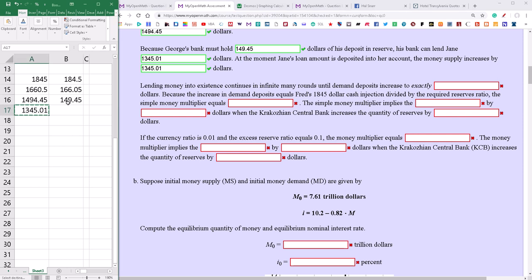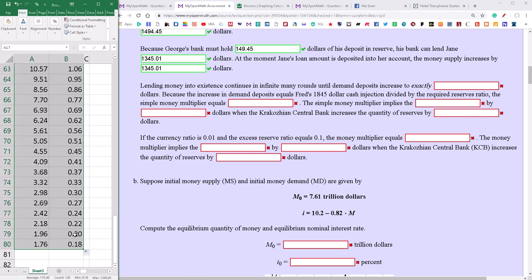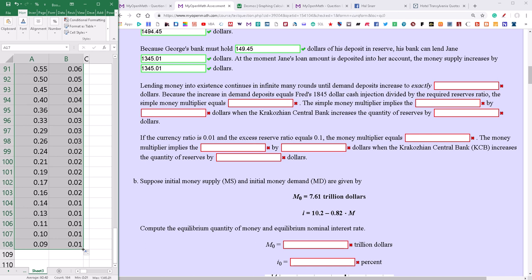Well, let's go ahead and just drag this down. What I'm going to do is pull this down for like 70 or so iterations. We'll drag it down until the pennies go to 0.